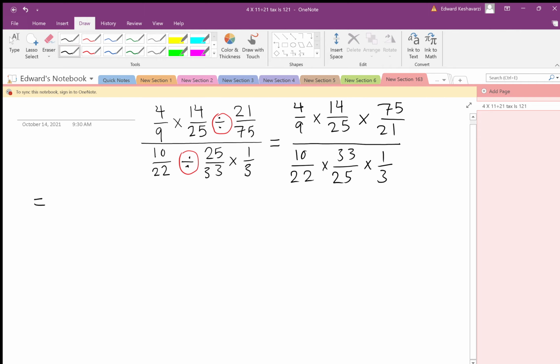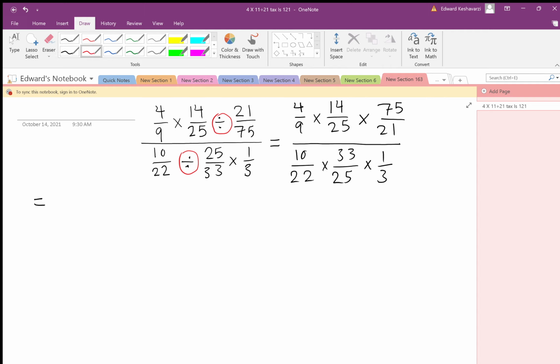A lot of students tend to multiply all numerators and all denominators, which is not wise, because the numbers are going to be very huge, and then simplifying would be a problem here. So we need to simplify as much as we can before we multiply.